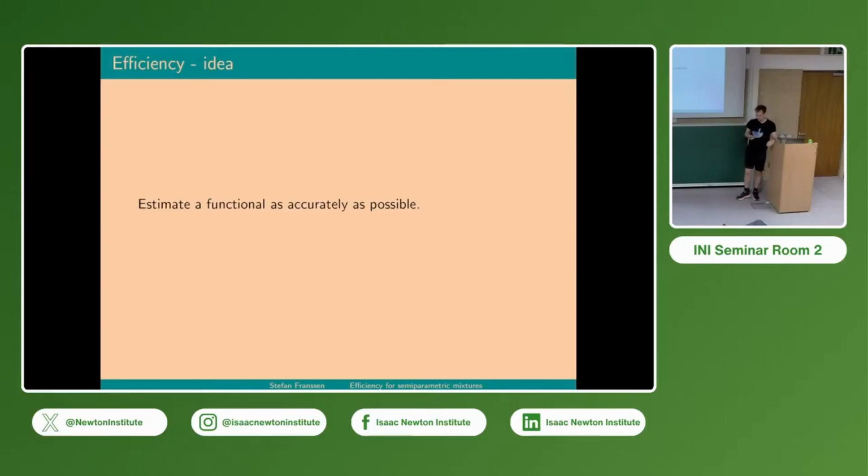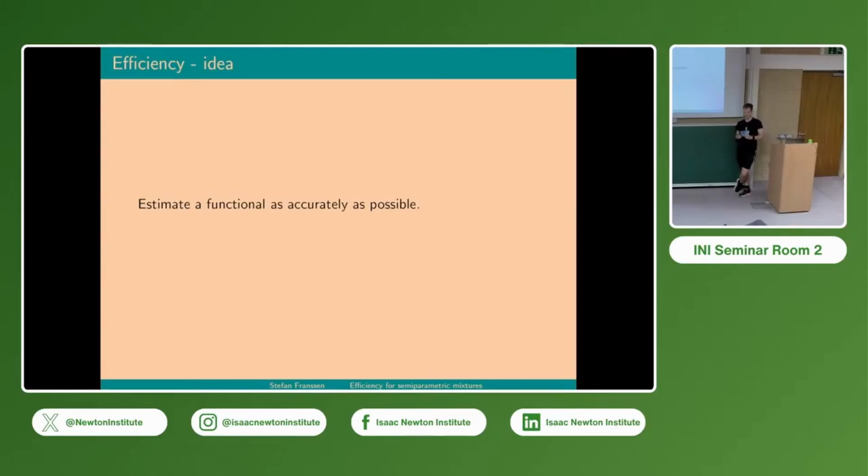So there are these theorems that state that if you want to have an estimator that achieves this best possible efficiency bound, then you cannot write down any estimator which beats that on more than a measure zero set of the parameter space. So that's sort of the story behind efficiency.